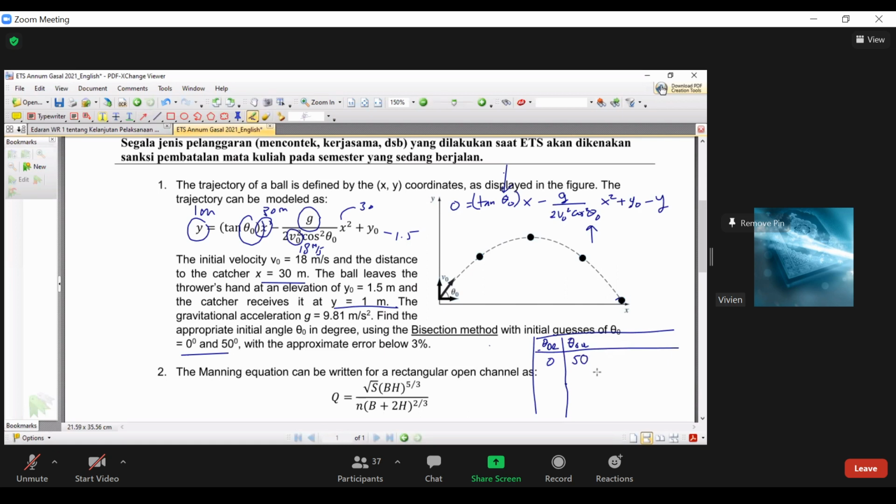And then we have to check the value of this one, which becomes f theta 0.